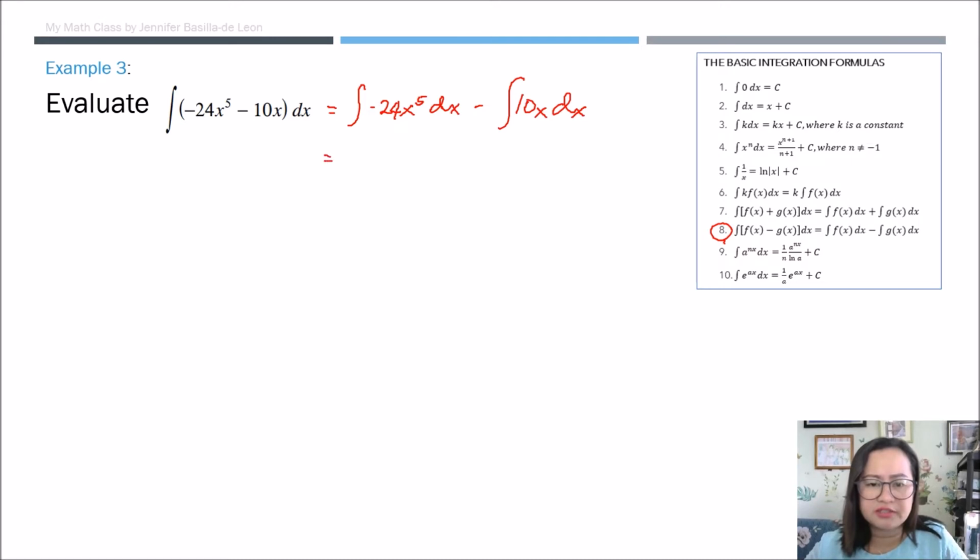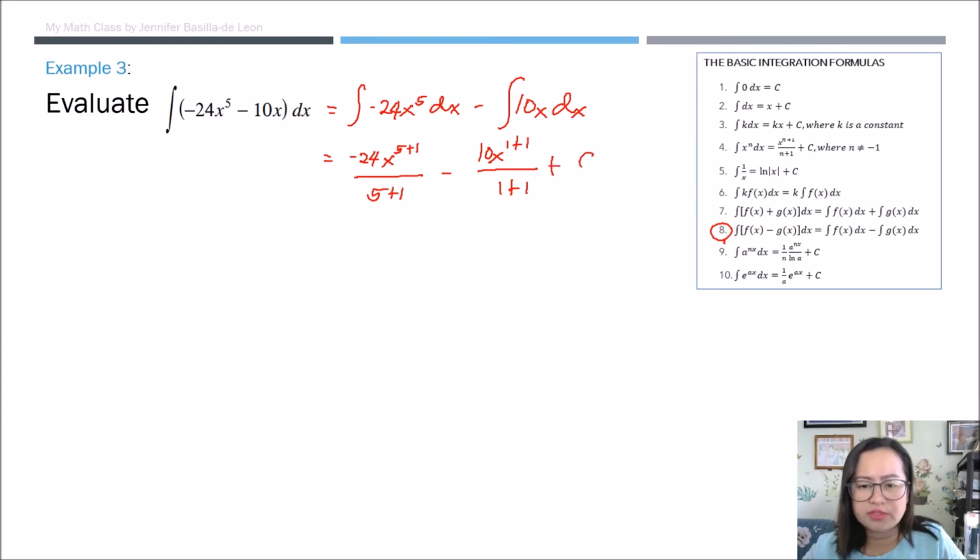Now getting the antiderivative of the first term, we will have negative 24x raised to 5 plus 1 over 5 plus 1, and then minus 10x raised to 1 plus 1, and then the arbitrary constant c.